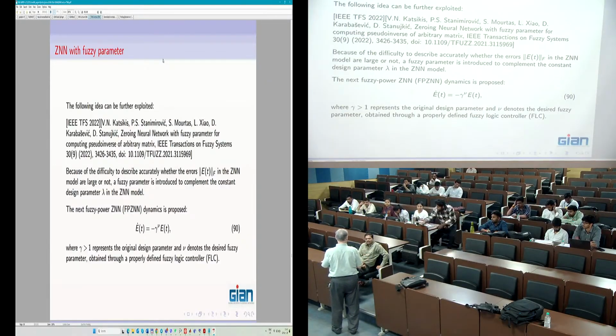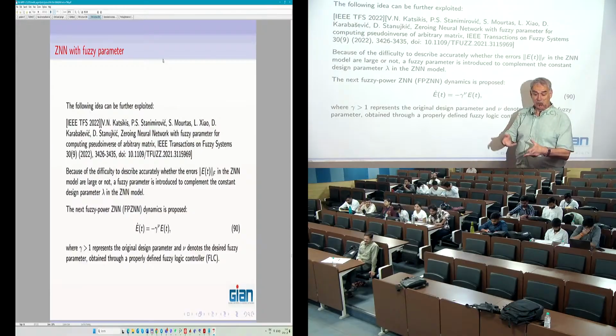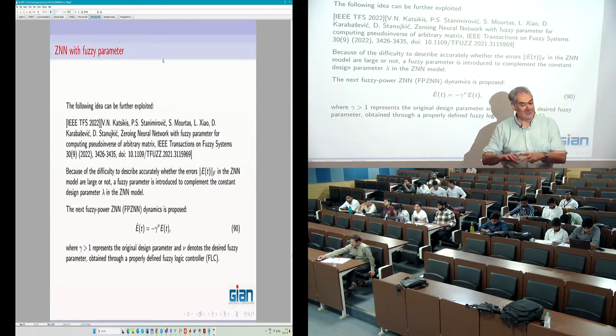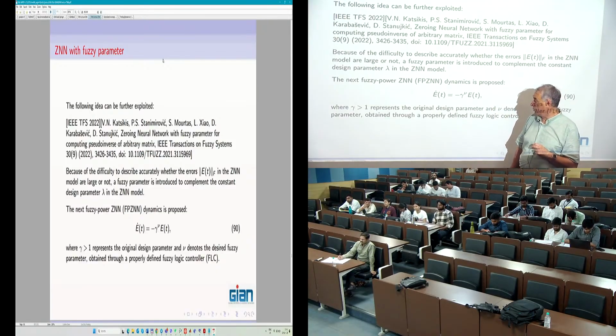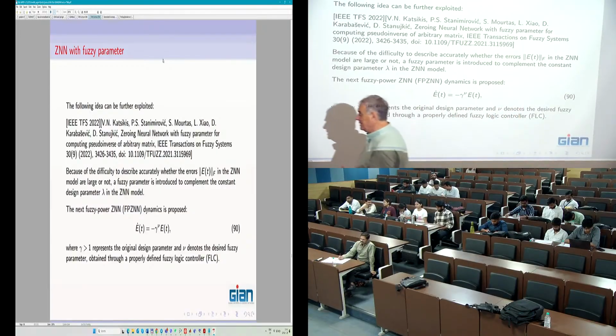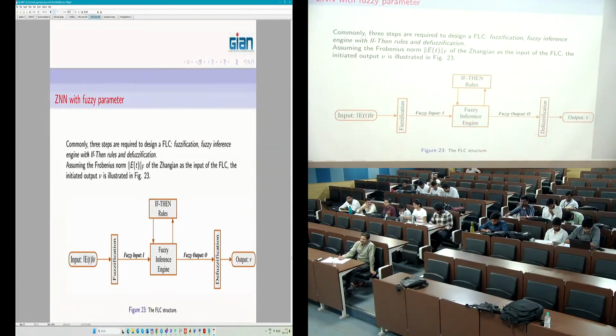Fuzzy logic system, yes. Here we decided to apply fuzzy logic to this parameter, using a fuzzy logic system with fuzzification, then fuzzy logic rules, and defuzzification, with if-then rules, and obtain the result. The input in the fuzzy logic system was the norm of E of t, the Frobenius norm of E of t.